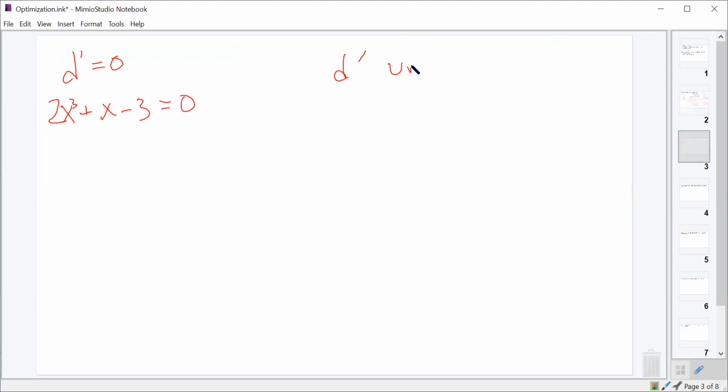And d prime is undefined if the denominator equals 0, that's the square root of x to the 4th plus x squared minus 6x plus 9, right?